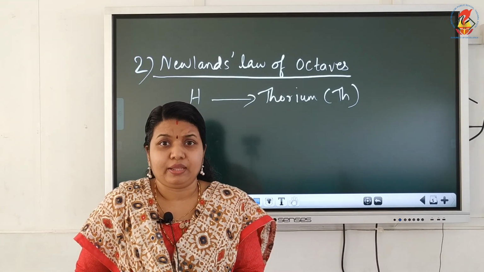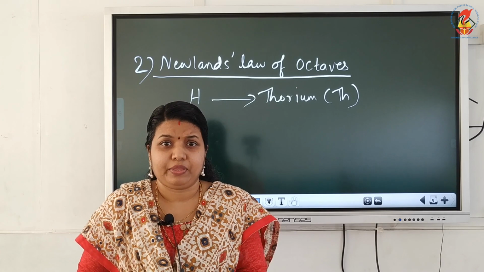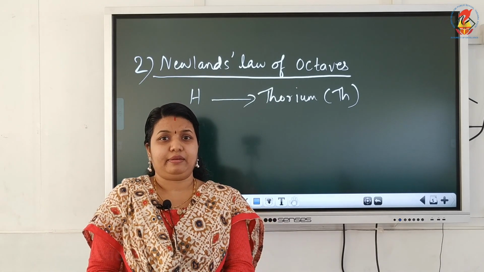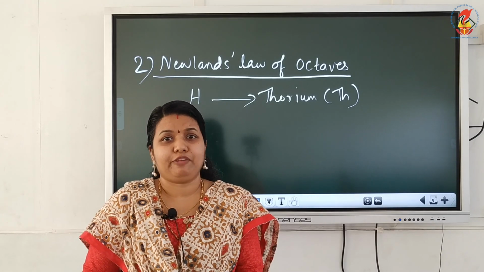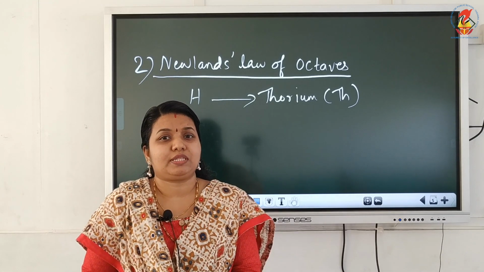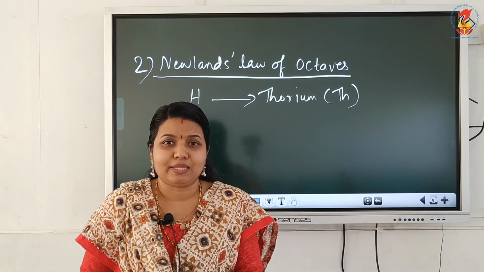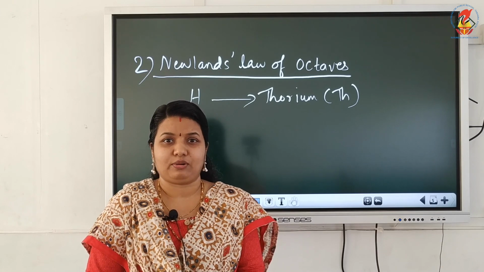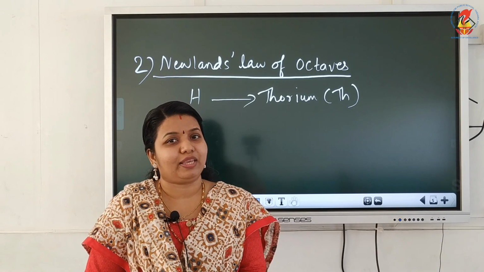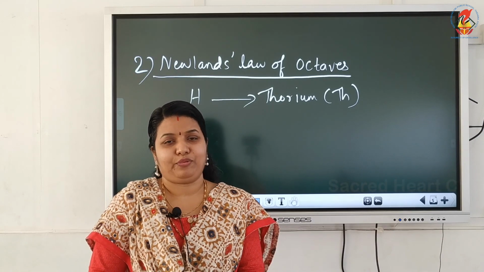He found that when elements are arranged in the increasing order of atomic mass, every 8th element possessed properties similar to that of the first. He compared this to the octaves found in music. That's why he called it the law of octaves.